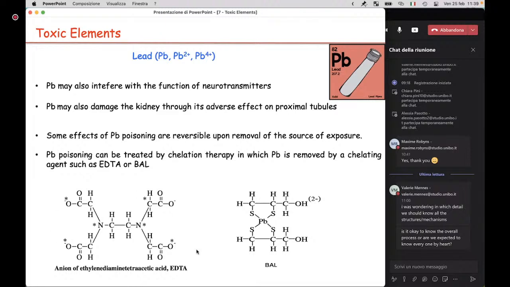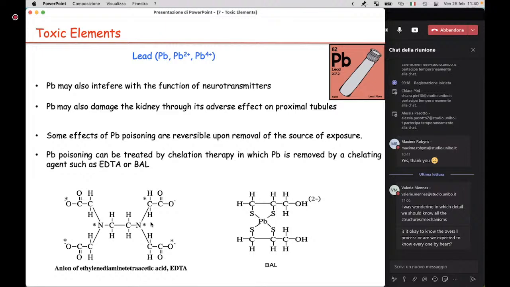You don't have to remember this kind of structure, but this compound is called EDTA. And you can see here the asterisks mark 4 carboxylic and 2 amino groups.